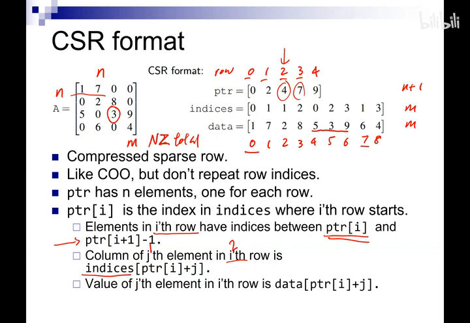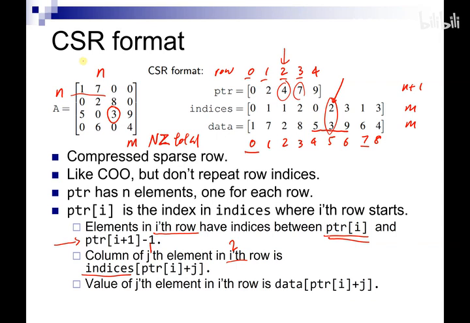So that means that you go to pointer of 2, which is 4, and you add 1, so that's 5. So that means that we should go look in index 5 in both the data array and the indices array. So the indices array tells us that element 1 in the second row is in column 2.